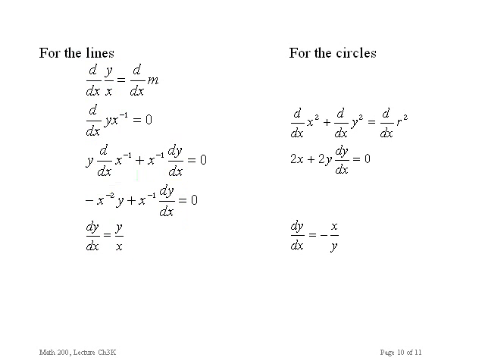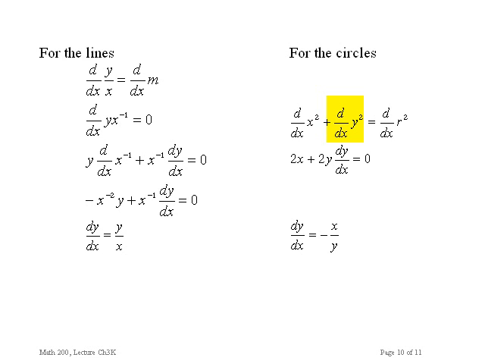Now let's do the same thing for the circles. So I had x squared plus y squared equals r squared. I'll just take the derivative of the x squared plus the derivative of the y squared. And here on the other side is the derivative of that constant. The value of that is 0, so that's done. The derivative of x squared is 2x. Now, we're left with this term of taking the derivative of y squared. This is another case for the chain rule.